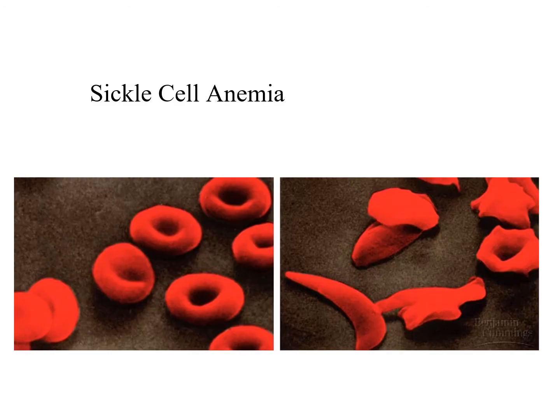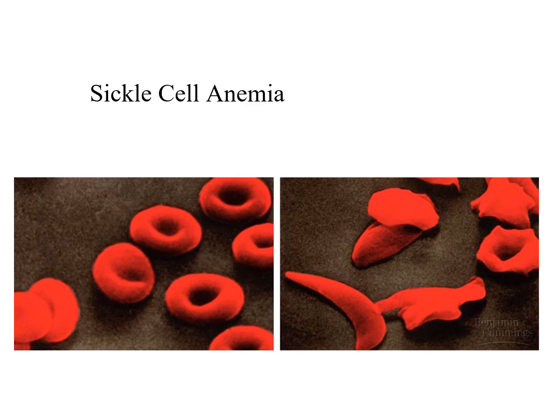Sickle cell anemia is a mutation in a gene that codes for hemoglobin, which is the oxygen-carrying protein in our red blood cells. Anemia is a term that describes a number of conditions where you have reduced oxygen-carrying capacity.